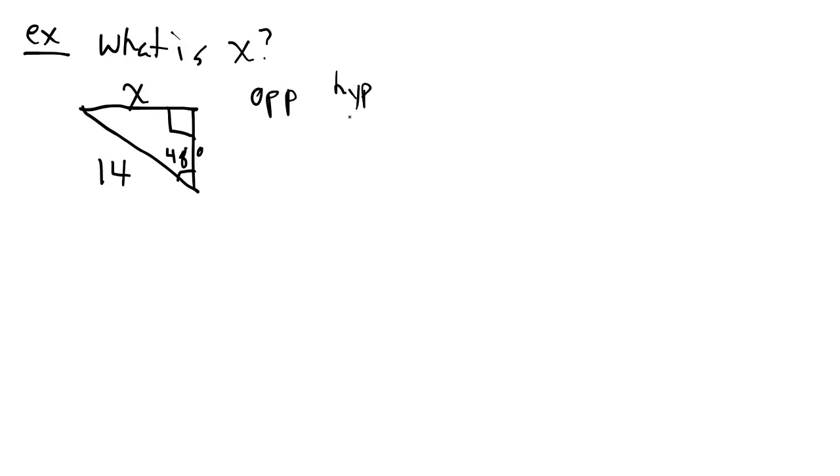Sine is opposite over hypotenuse, so we're looking at sine. We're going to say the sine of this angle, the sine of 48, is equal to your opposite leg, x, over your hypotenuse, 14.